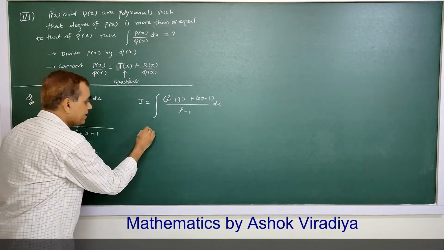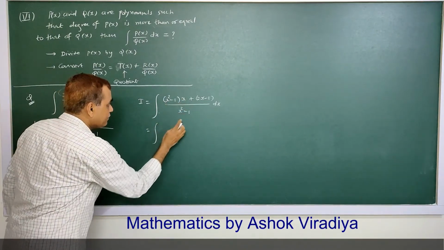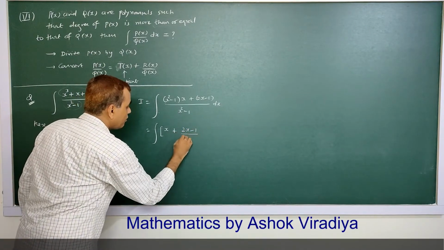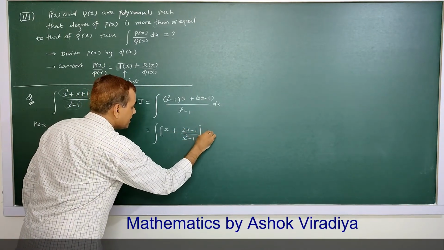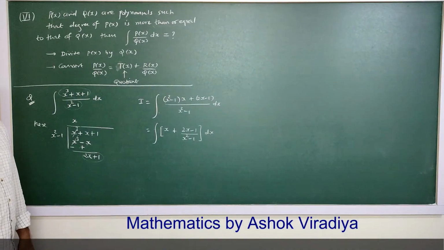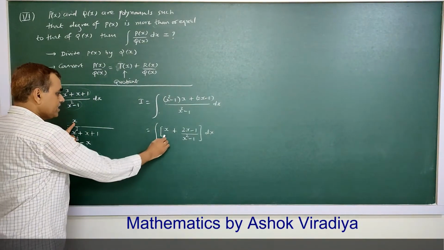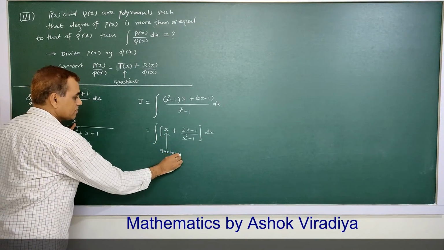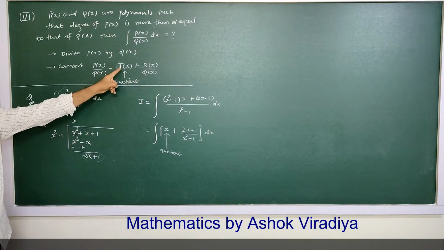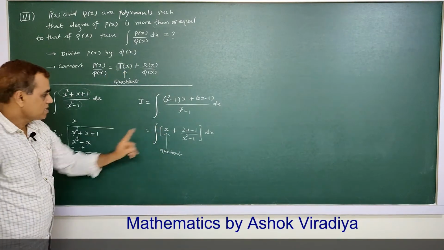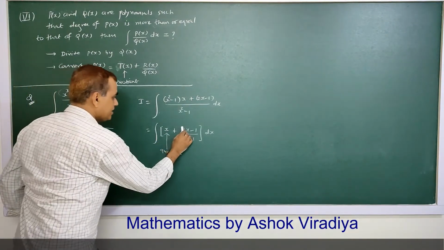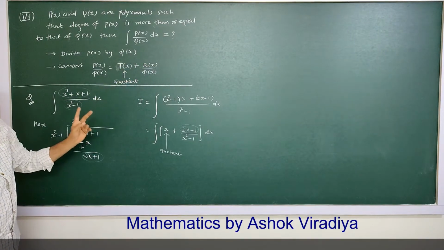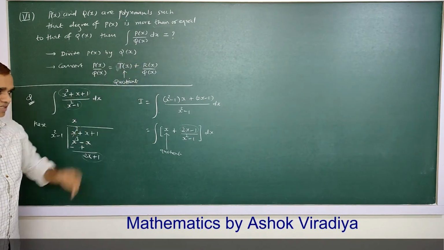So say what is obtained? This is dividing individually, x plus 2x plus 1 upon x square minus 1 dx. Now look, this is quotient plus this is remainder. So quotient plus remainder upon divisor.